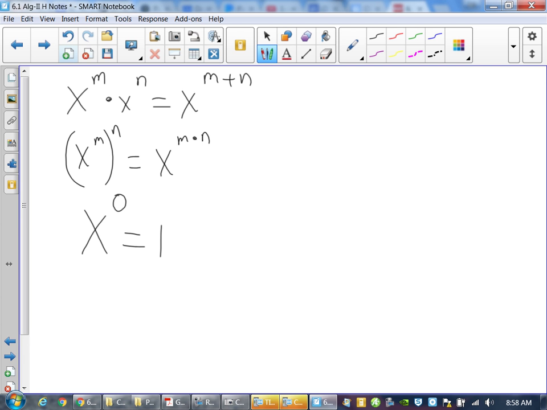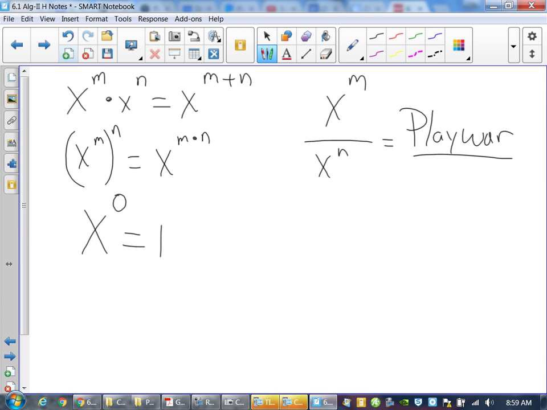We don't want negative exponents. So whenever I have a division set up, what we're always going to do is play war. Which exponent is bigger, the 5 or the 2? The 5 wins, so it's going to be 2 to the 3rd up top. If it is x to the m divided by x to the n, I'm going to say play war.